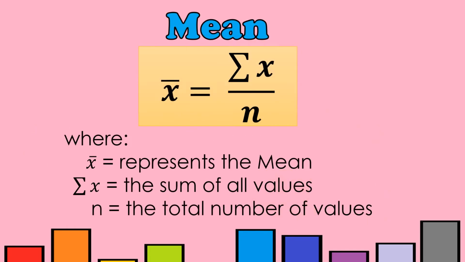And this is the formula. x bar, or the mean for the ungrouped data, is equal to the summation of x over n, where the summation of x is the sum of all values, and n is the total number of values. So please take note of the formula for the mean of ungrouped data.